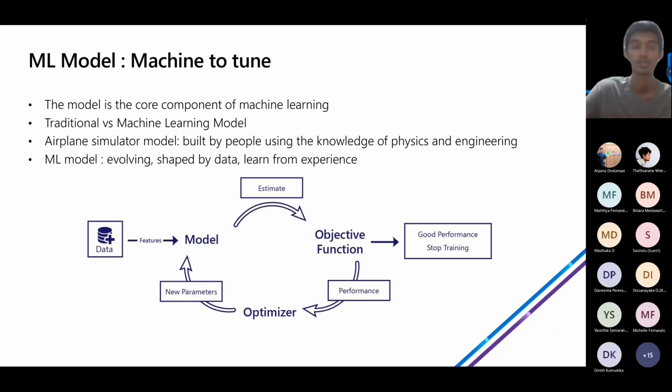Those models are not evolving with time. They are really static, and if we simulate today, the same model will be displayed tomorrow. But ML models are evolving, and the evolution is shaped by data. As long as your data is correct, valid and really important to your scenario, your model is really accurate. That's why data is really important in data science and machine learning. It learns from experience.